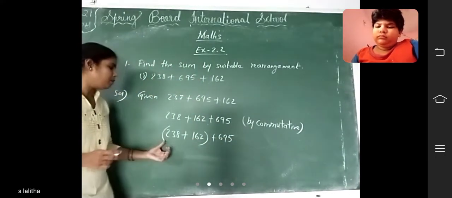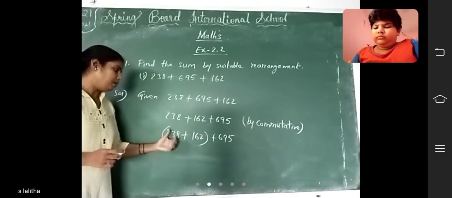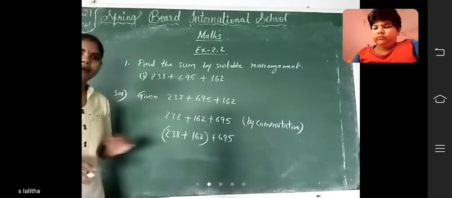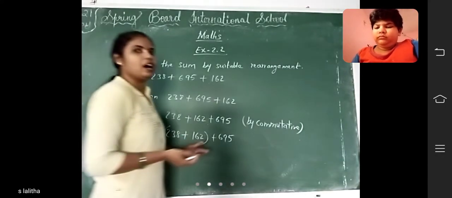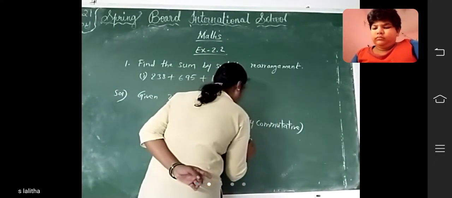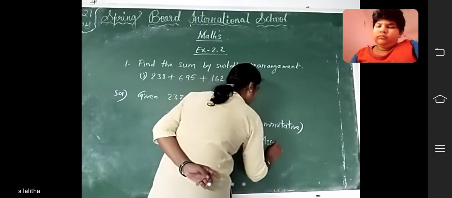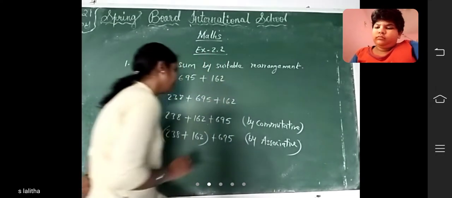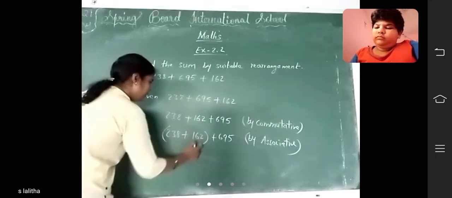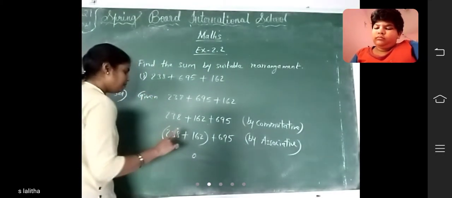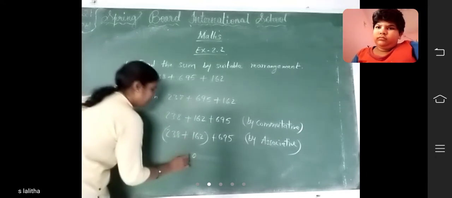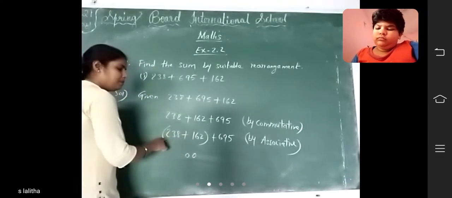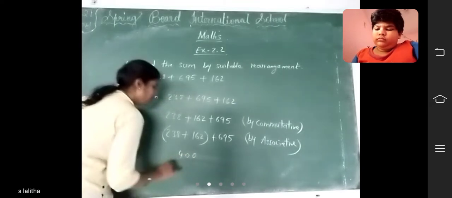So now I am keeping the first two whole numbers in a bracket. So which property is it? It is by associative. Now add this: 8 plus 2, 10. 1 is remaining. 1 plus 3, 4. 4 plus 6, 10. 1 is remaining. 1 plus 2, 3. 3 plus 1, 4.